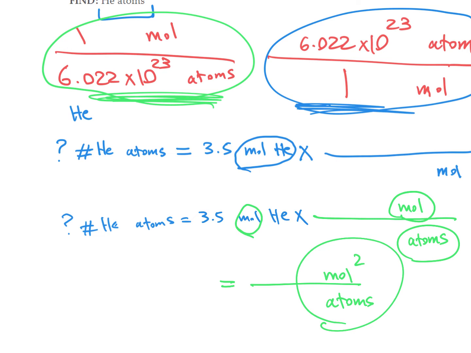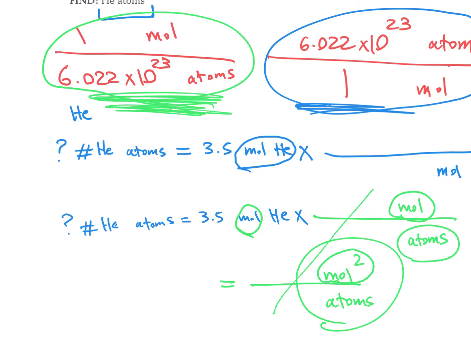And this is what we call dimensional analysis, using units as a guide to solve problems, right? So if I write the green conversion factor, mole with mole doesn't cancel out. They multiply, and they become mole squared.